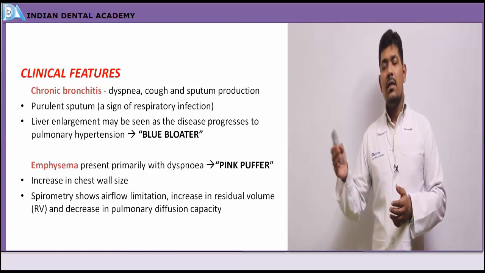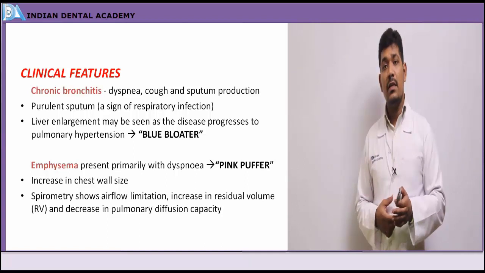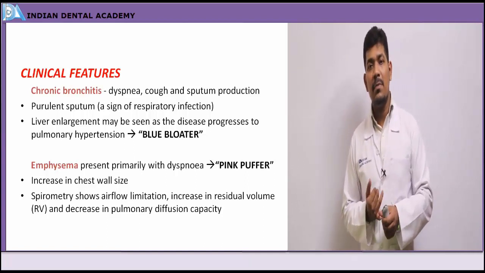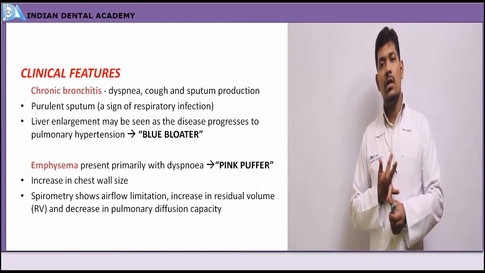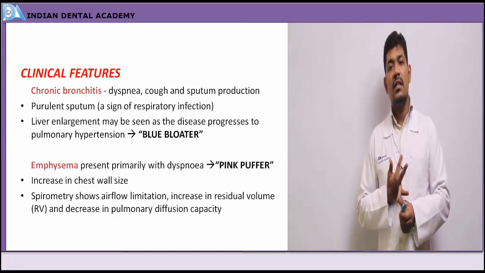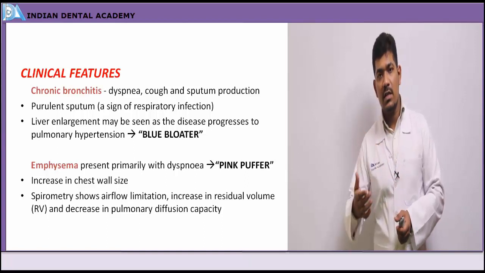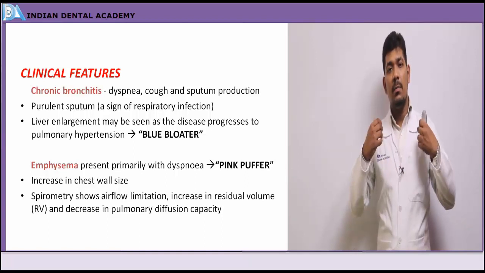The other clinical feature which is associated with emphysema is known with a synonym called pink puffers. Primarily the pinkish nature is because of the overload put on the accessory respiratory muscles other than the normal respiratory muscles by the patient. Because there is increased difficulty in breathing, he tries to take in more breath.